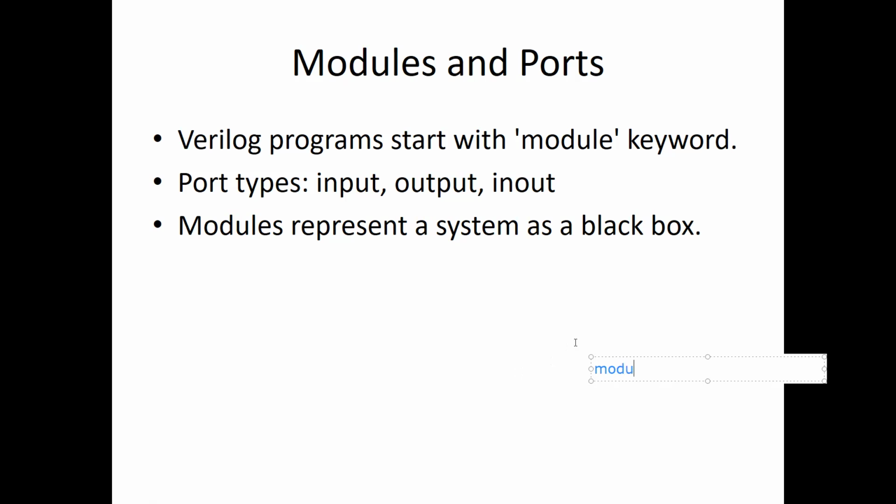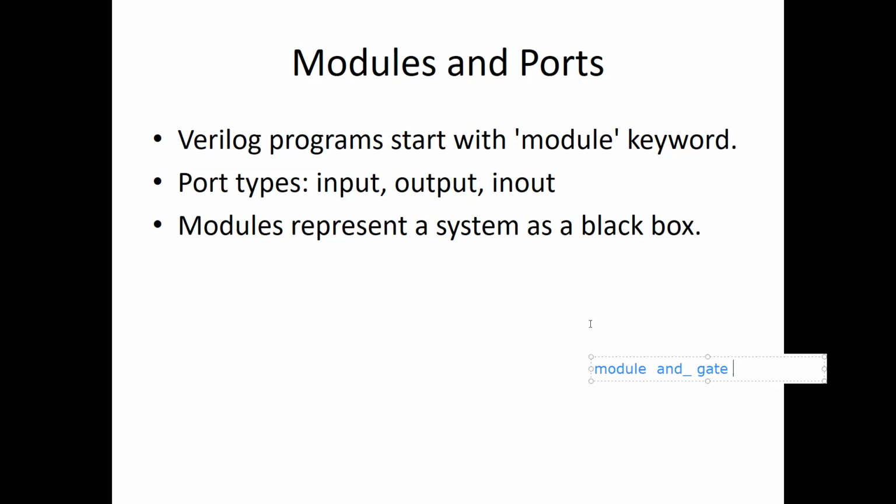Suppose you are writing code for an AND gate. So we will start with the keyword module and then AND underscore gate, or any name you can give. As I said, every Verilog code starts with the keyword module followed by the particular name.